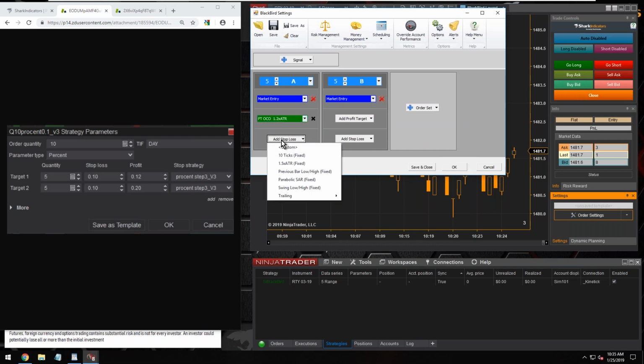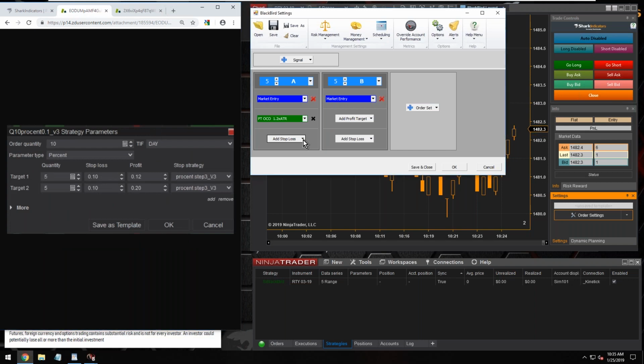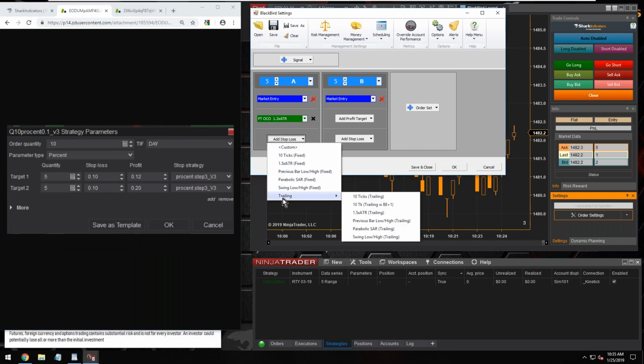So let's go into the stop loss, and that's going to be a 1 ATR here. Actually, looking forward here, I know that we have a break even in here and some multiple steps in the trailing capabilities. So what I'm going to do is go ahead and use the trailing option here. So I'll go down and use the ATR with the trailing option there.